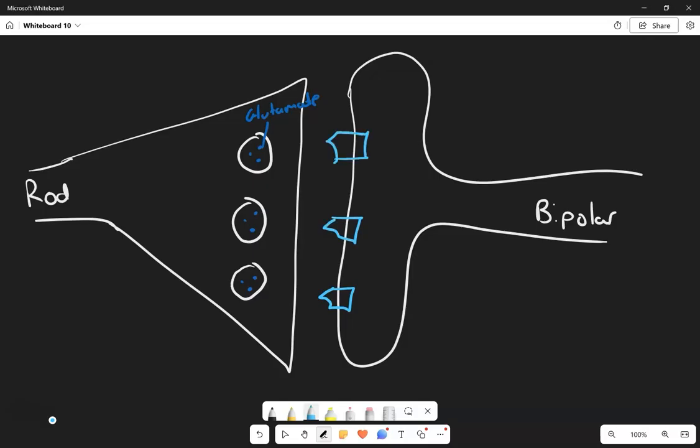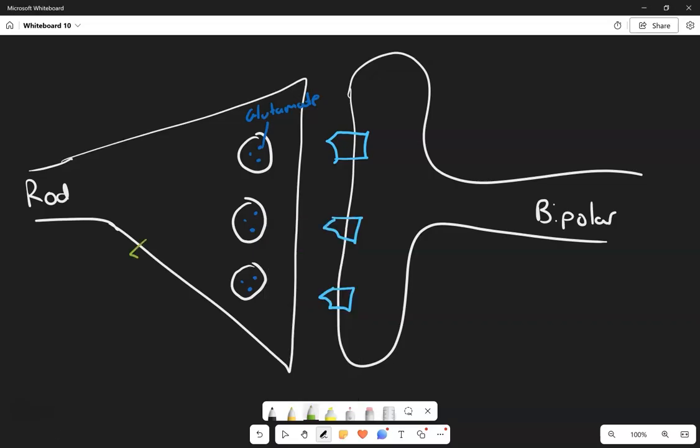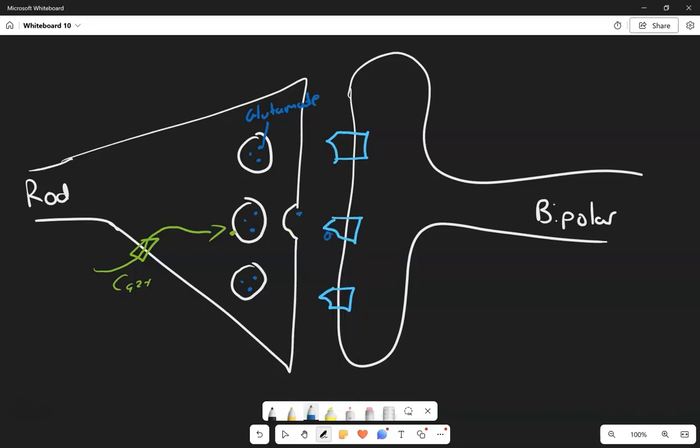Remember from our discussion on action potentials, a lot of times when an action potential reaches the axon terminal, it's going to activate a voltage-gated calcium channel. Calcium is going to enter the cell and bind to that vesicle. That vesicle then will exocytose the neurotransmitter, and the neurotransmitter can go over and bind to the receptor.